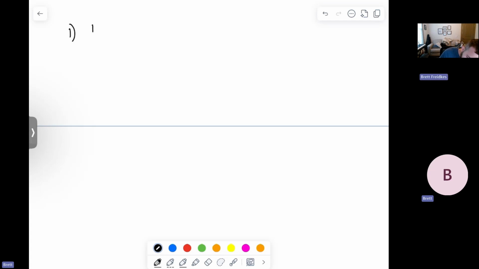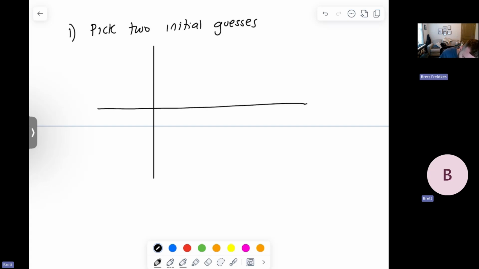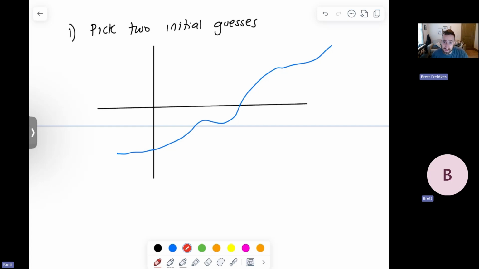First, we have to pick two initial guesses. So if I were to draw a picture, let's say I have my function, and I don't really know where it touches the x-axis, but let's say I have something like this. I need to pick two initial guesses for what my root is. Let's pretend that this root value here is 3.